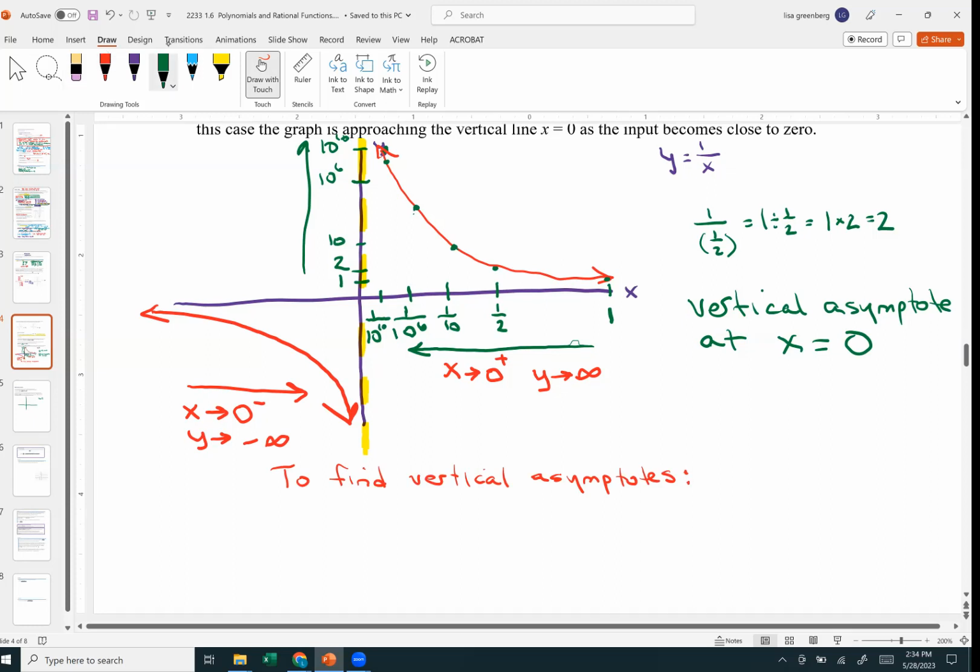so let's define vertical asymptotes. Step 1, factor numerator and denominator.